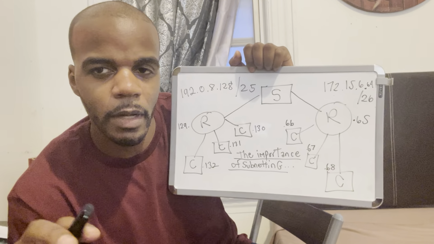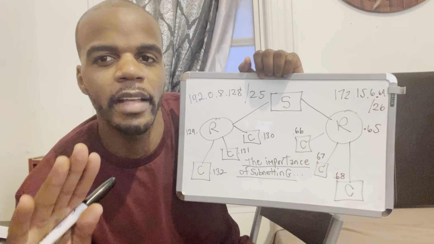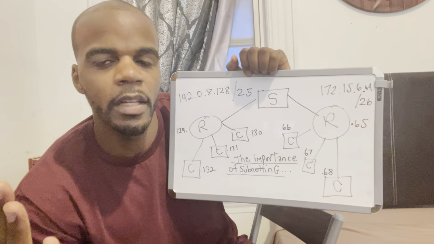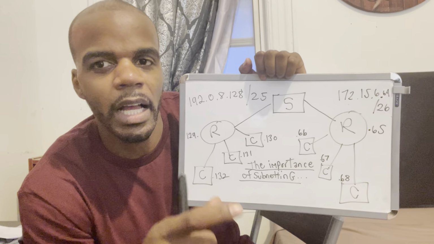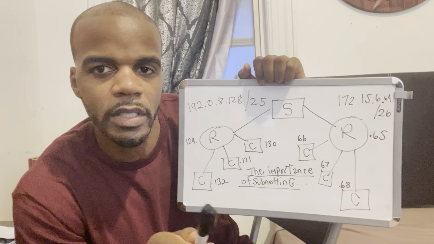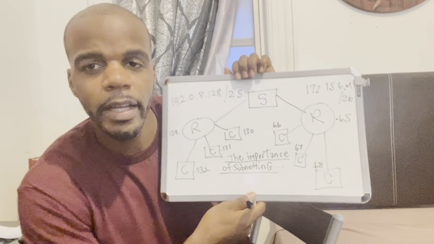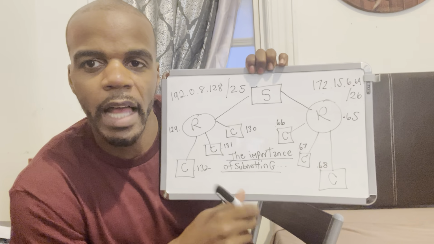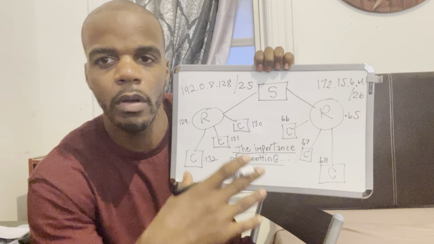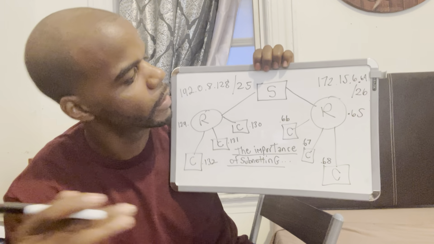So I'm trying to go as slow and easy as I can. So what happens when we have a block size of 128? We use that block size to allocate different IP addresses to our computers. If we can't allocate certain IP addresses to our computers, then computers can't communicate with each other.